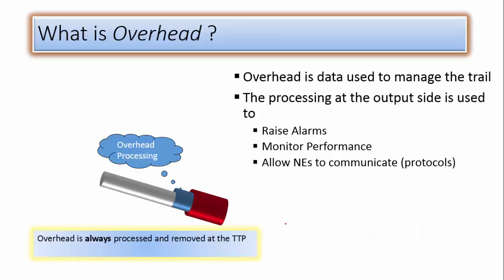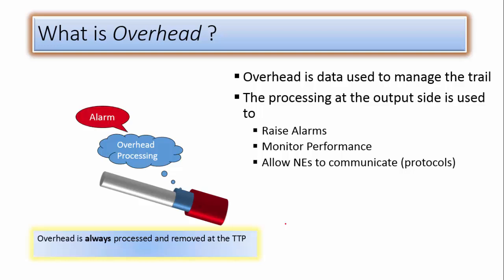Now, what is overhead? Overhead is the data used to manage the trail. If my data traverses in many directions and reaches the destination, I need to manage my data from source to destination. That is why I add overhead.